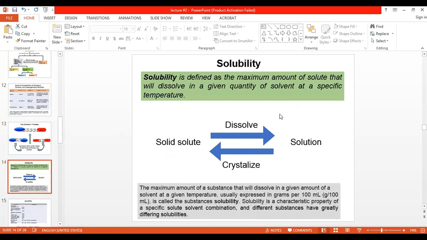Everything has solubility. You cannot dissolve more than can be dissolved. For example, if you put some salt in your soup, you can dissolve it. But if you put the whole box of salt in your plate of soup, you will not be able to dissolve it, because there is a limit, you cannot put more than that.